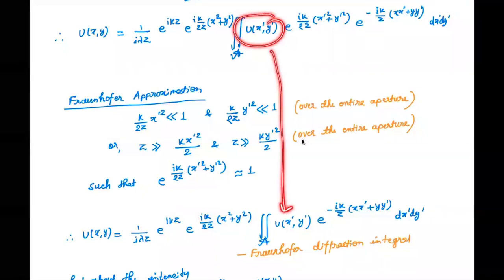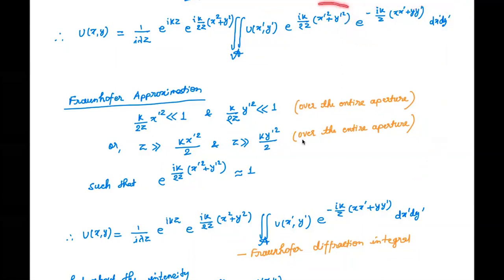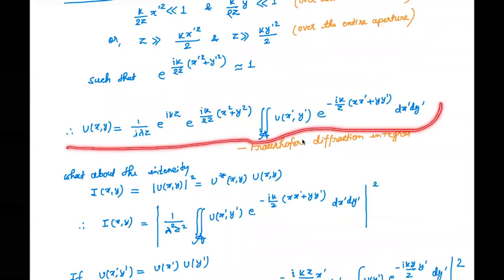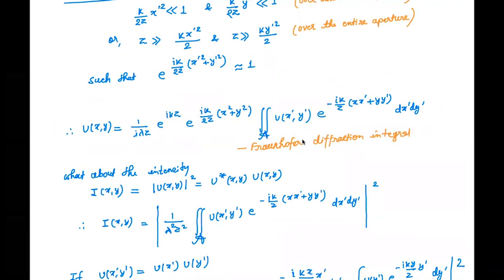This comes over there, and that comes over there. So it is exactly that, except that this term is missing. Okay, so now this is my Fraunhofer diffraction formula. So this says that if z satisfies these conditions, that the separation between the object and the observation point is large enough such that these conditions are satisfied, then we can write the diffraction formula in this form.